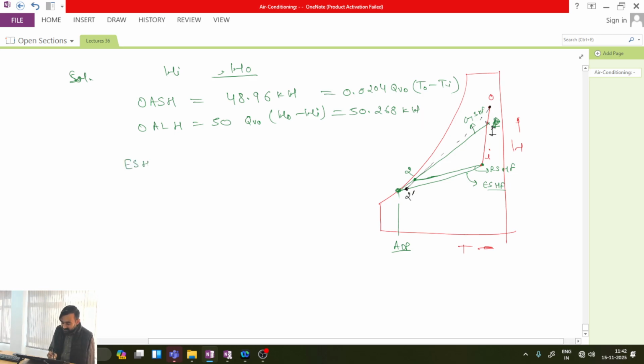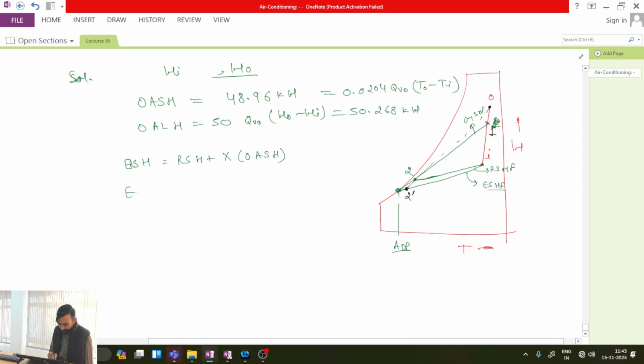Can I calculate ESHF? ESHF will be nothing but ERSH over... first I need to calculate ERSH, effective room sensible heat. Effective room sensible heat will be RSH plus X times OASH.